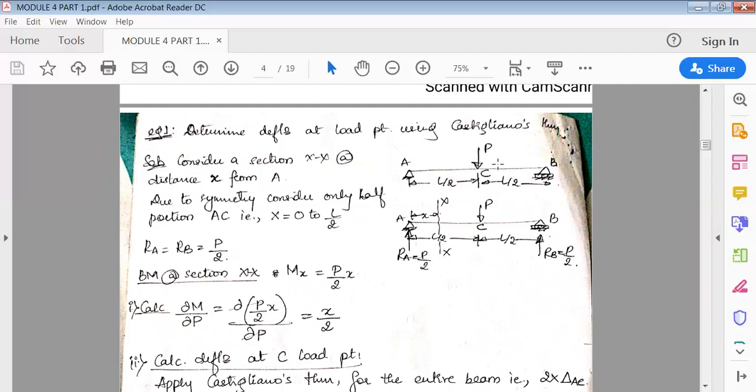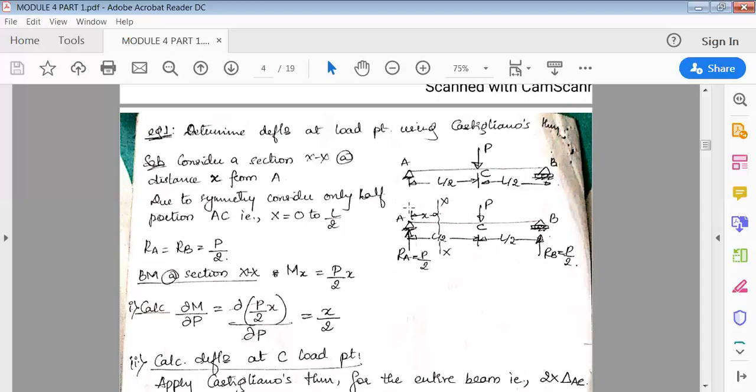So this downward load gets equally distributed to the left and right because it is symmetrical. Downward force should be equal to the upward forces, so the upward forces are P by 2 and P by 2. Once you draw this diagram, find the reactions RA and RB. RA is P by 2, RB is P by 2.